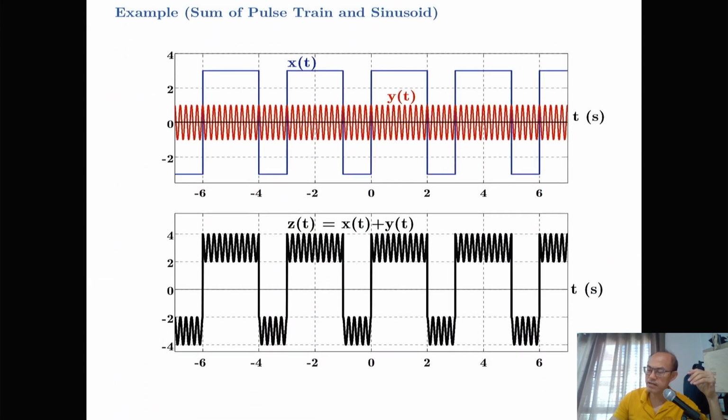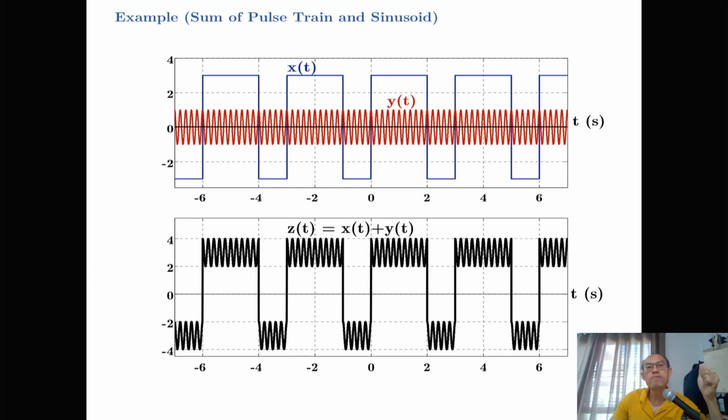Now let's look at this one. We're adding the signal x and y. Again, when x is positive 3, we are shifting the signal y up by 3, and the result will become this, right?